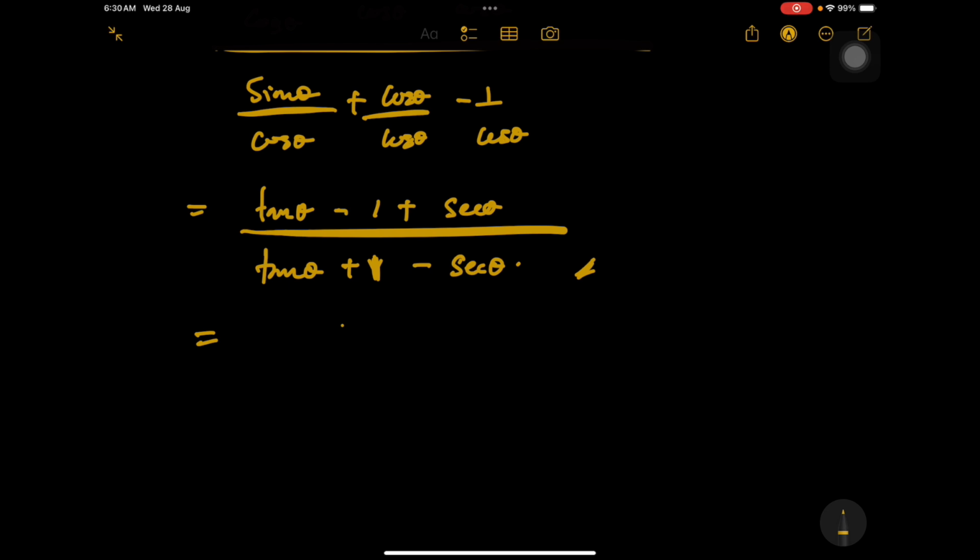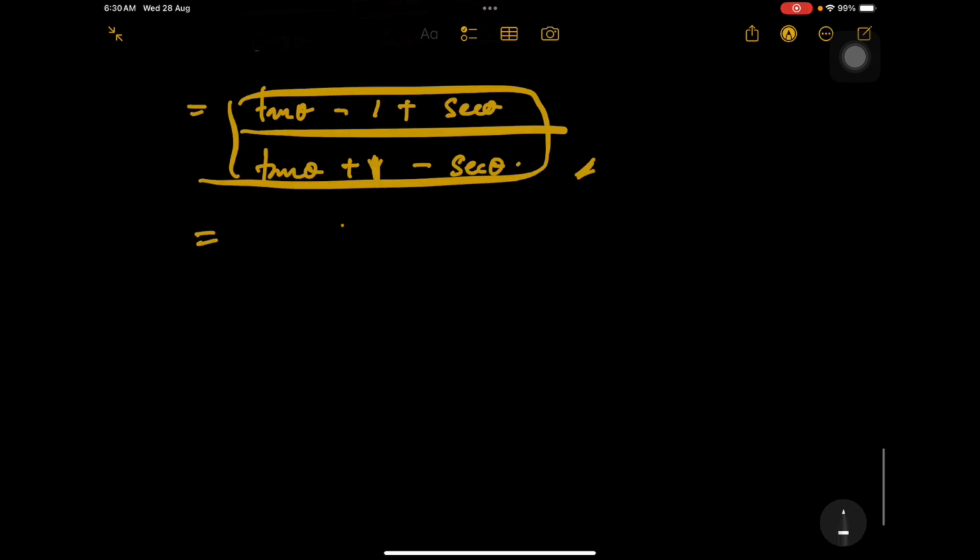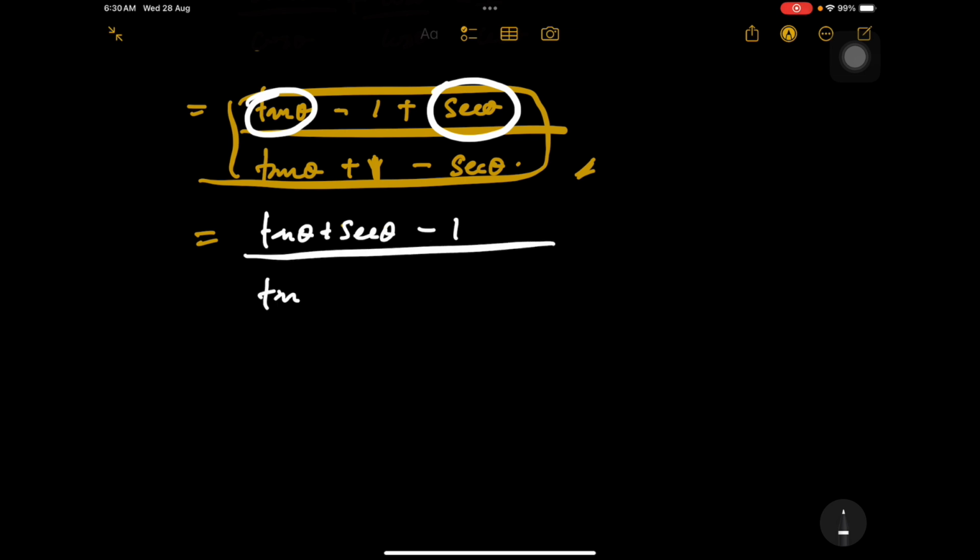I'm going to arrange this equation in a different way. I'm going to take the tan and the sec close by. Tan theta plus sec theta minus 1 over tan theta minus sec theta plus 1. It doesn't change anything. You just put this one closer to tan theta.